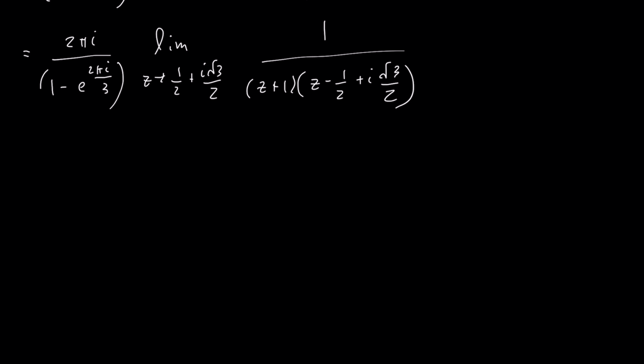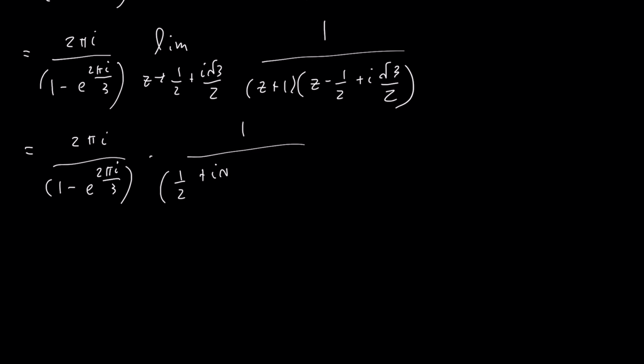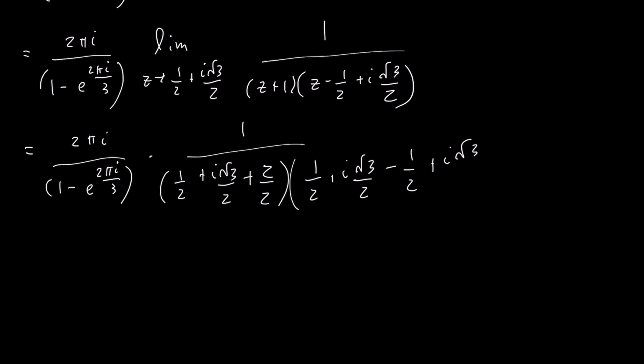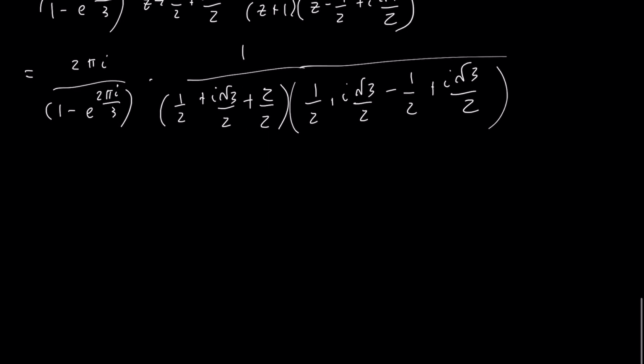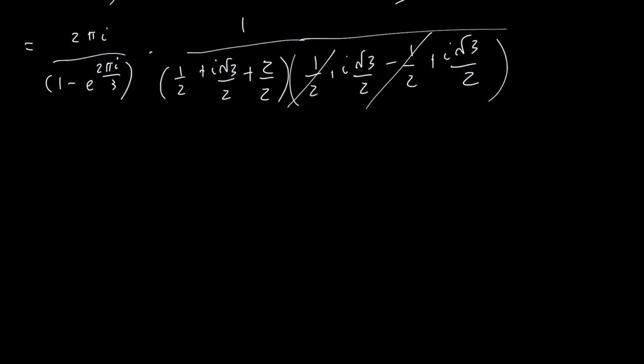And evaluating that limit, we're going to have 2 pi i times 1 divided by 1 minus e to the 2 pi i over 3 times 1 over 1/2 plus i times the square root of 3 over 2 plus 1, but I could rewrite this as 2 over 2. And then we're going to have 1/2 plus i times the square root of 3 over 2 minus 1/2 plus i times the square root of 3 over 2.